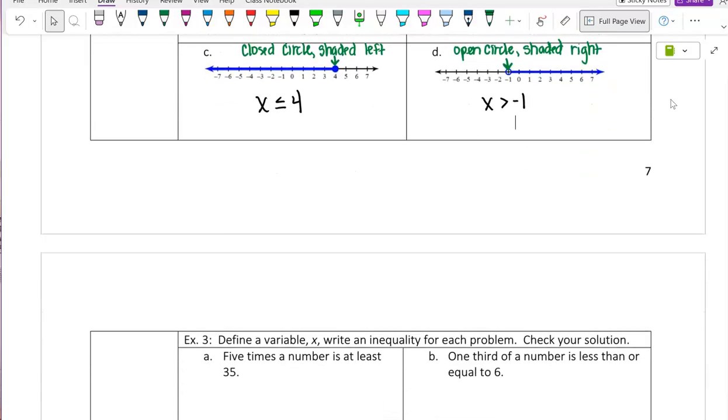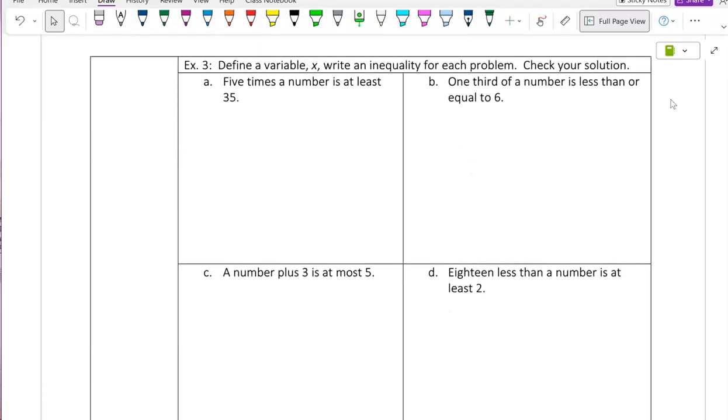All right, in the next section, they're going to give us some verbal descriptions. They want us to define a variable x, write an inequality for each problem, and then check our solution. So 5 times a number is at least 35. The at least is what we're going to pay attention to for the inequality symbol, but we need to define our variable. So we're going to say let x equal a number.